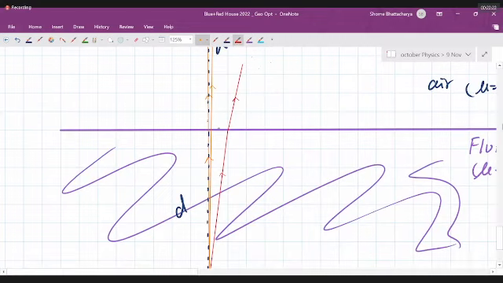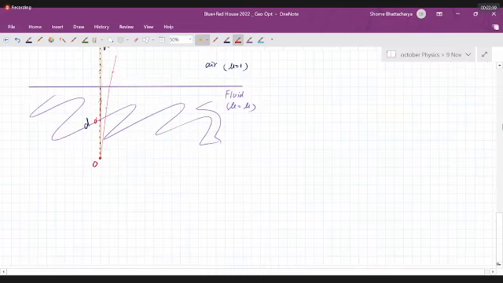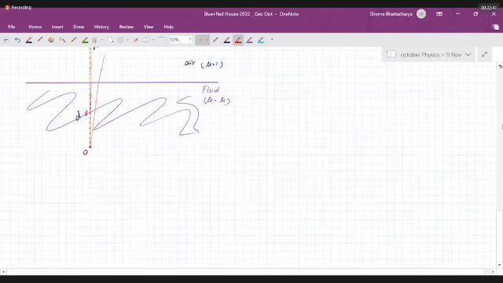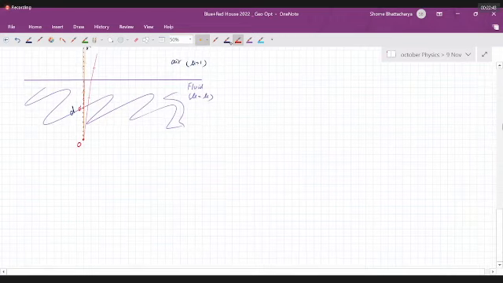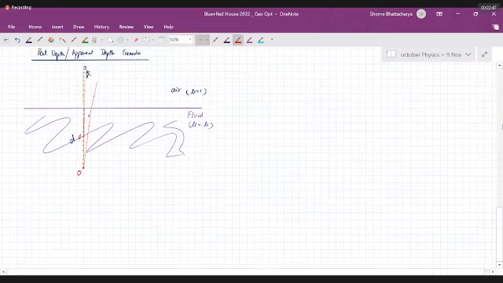So basically what you want to do is produce back the refracted ray. When you do that, it will meet the principal axis somewhere here, let's say. So that becomes the effective object that the observer is seeing. If we imagine the second ray is also very close to the principal axis, then this one will also meet and produce back.